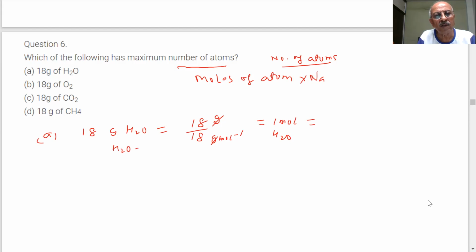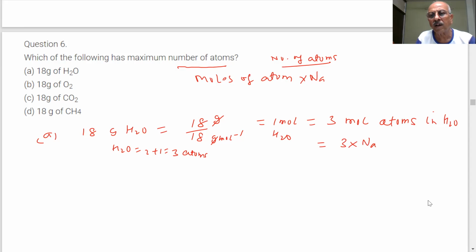H2O is having 2 plus 1, 3. There are 3 atoms in this. So 3 mole atoms in H2O. Okay? 3 mole atoms. Or 3 into Avogadro's number. What is Avogadro's number? 6.022 10 power 23 atoms. 3 into Na atoms.